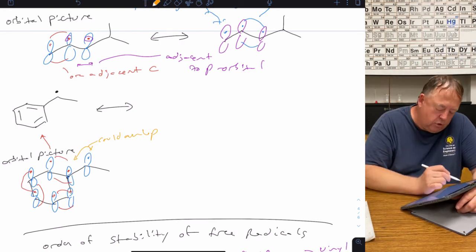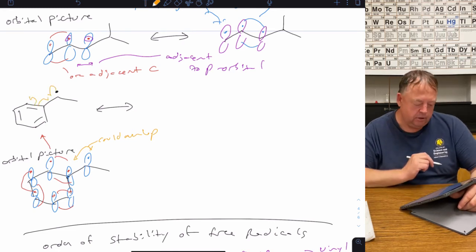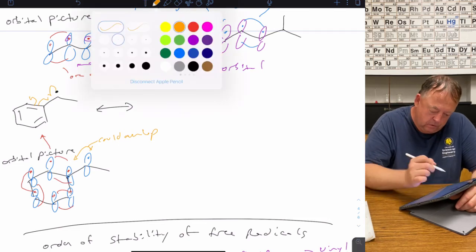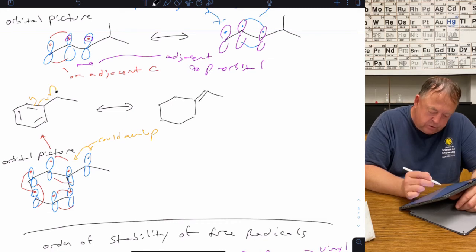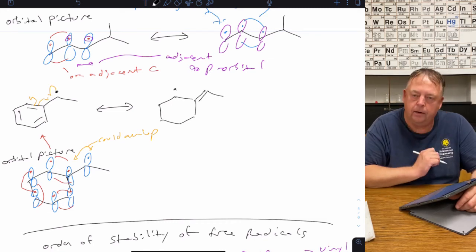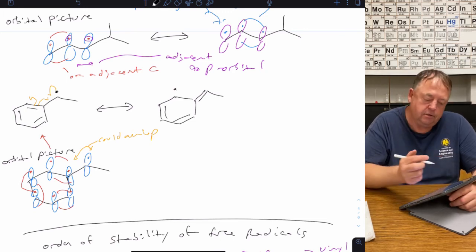And if we wanted to show that by resonance, we would move this electron there, that electron there, and move that electron to the other carbon. So now we'd have a double bond between those two carbons, and this carbon would have an unpaired electron, and we didn't touch the other two double bonds yet.